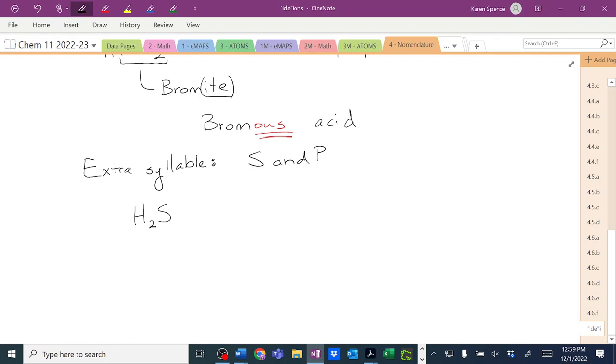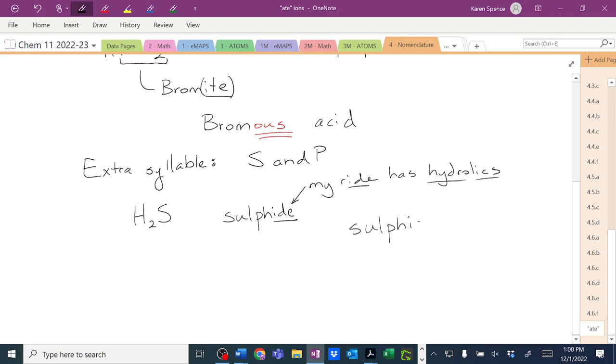So if we have H2S, so if I have sulfide, I can say, okay, my ride has hydraulics, so that's going to be a hydro-ic acid. Normally we would think sulfic acid, but that is not correct.